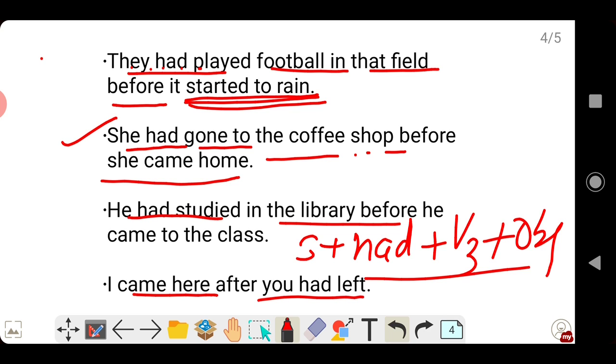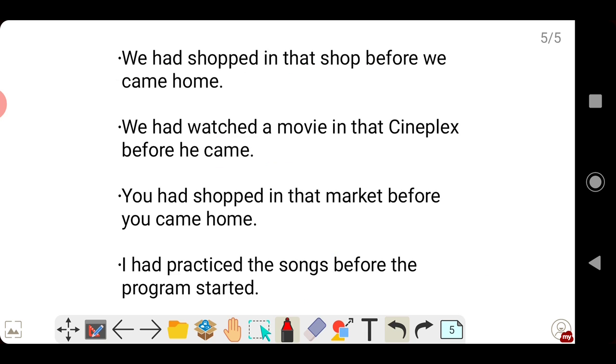In the earlier examples we discussed, the second part was in the simple past tense, also called past indefinite tense. But in this example, the past indefinite sentence comes first, and the past perfect sentence comes second. I came here after you had left.